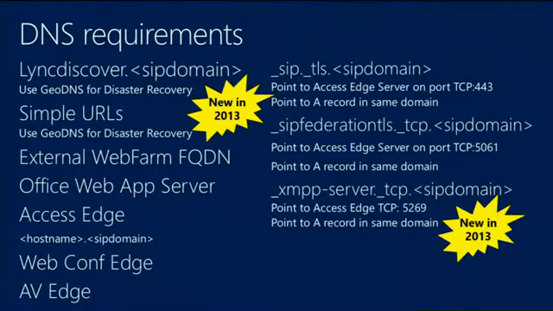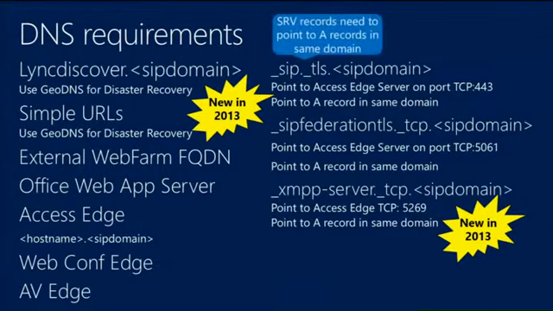For the SRV records, yes, they are still there. It is important that for an SRV record, the SIP domain in the SRV record always points to an A record in the same domain. So I need to have _sip._tls.microsoft.com pointing to whatever.microsoft.com. Only then my client will accept this server as trusted, and only then my client will sign in.